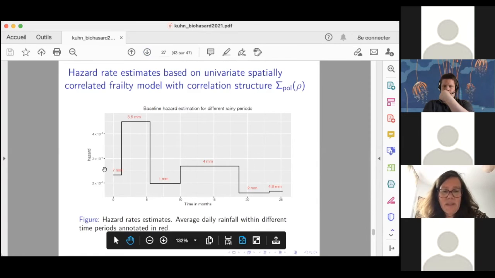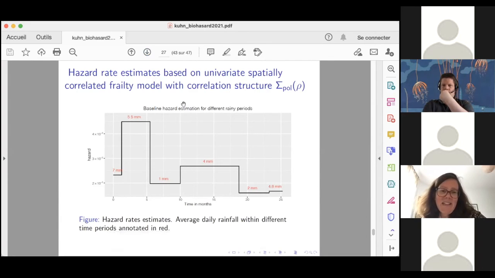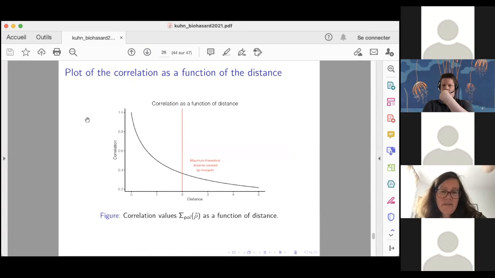And we indicate here the average daily rainfall for the different time periods. We haven't done much study, but what you see is that the hazard is low when the rain is low, and the hazard globally is higher when the rain is higher. And then we also have a look at the correlation as a function of the distance between the individuals.